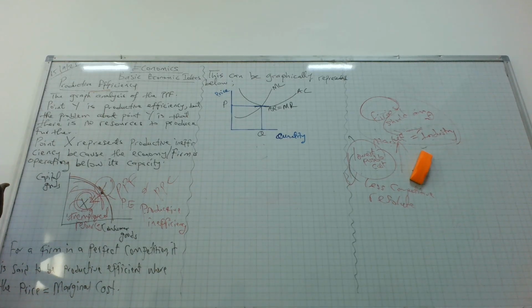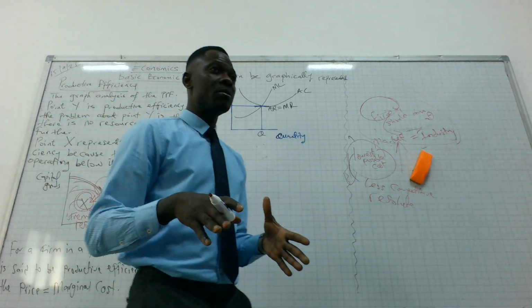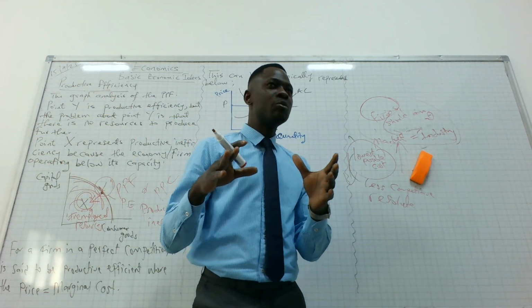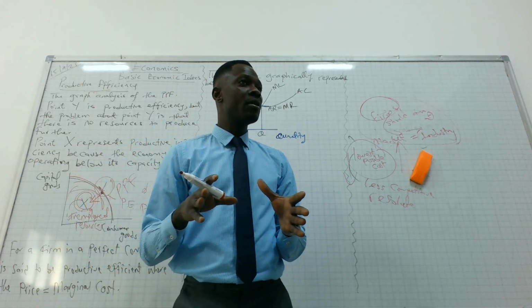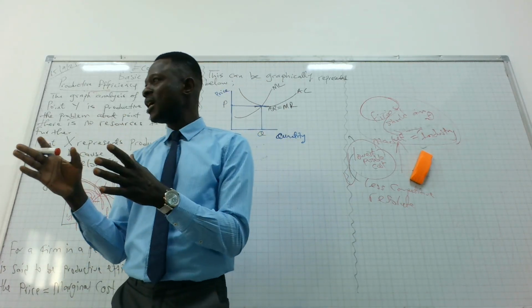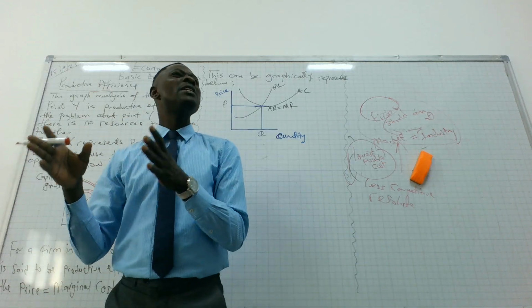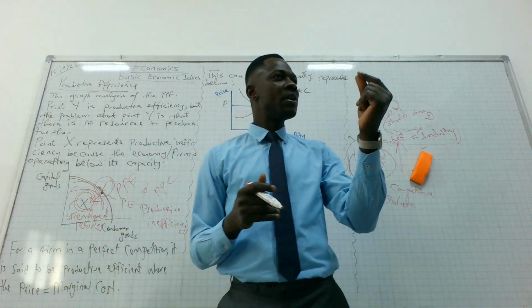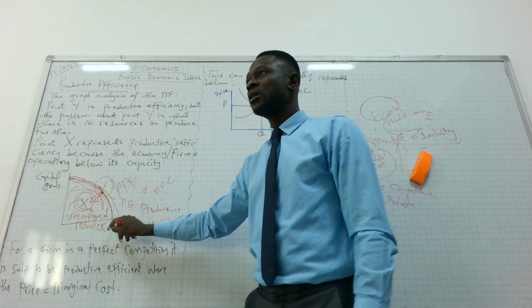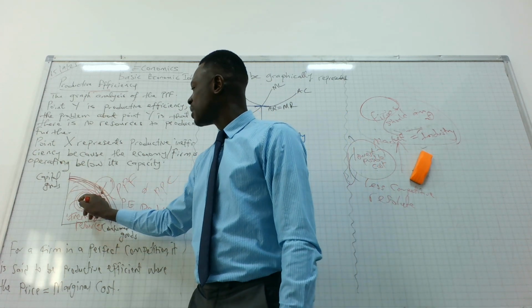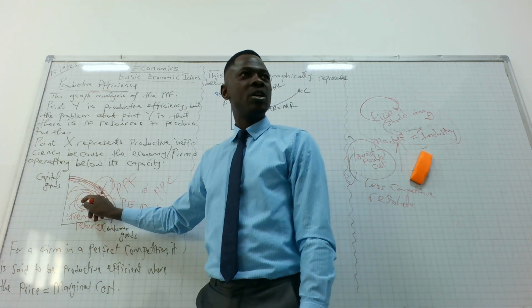Using the PPF. The exams, they might ask you: analyze with a graphical representation the difference between productive efficiency and productive inefficiency, using the PPF. There's productive efficiency if you are operating on the boundary. There's productive inefficiency if you are operating inside. Do we get it? Yes.